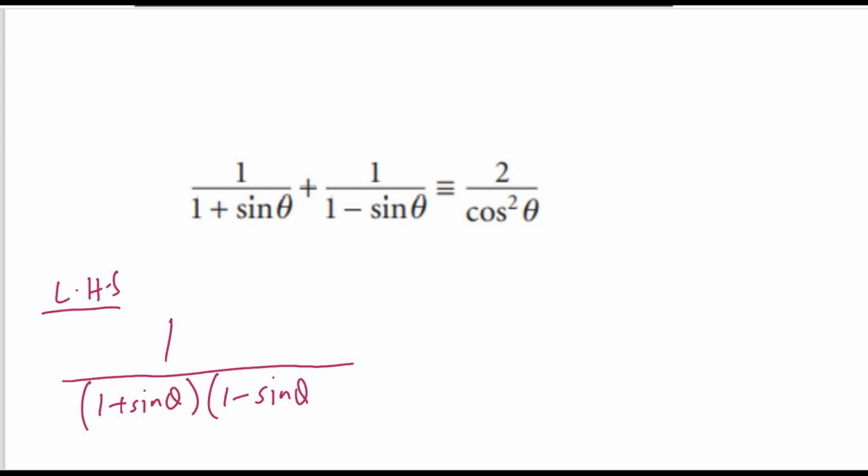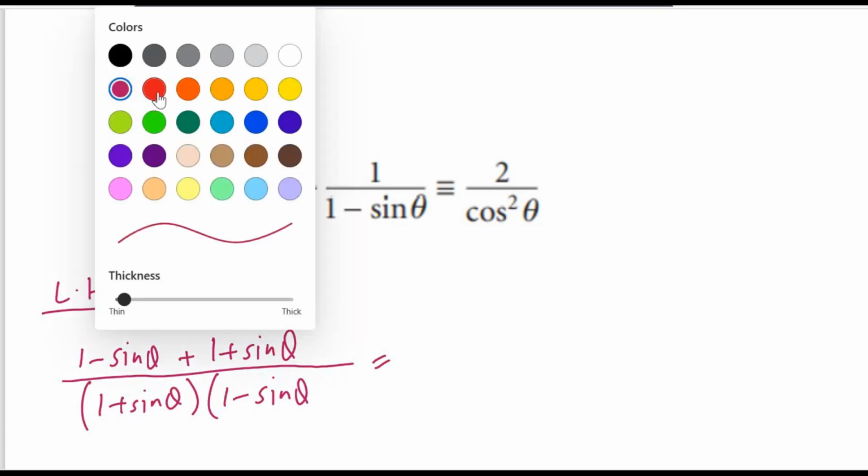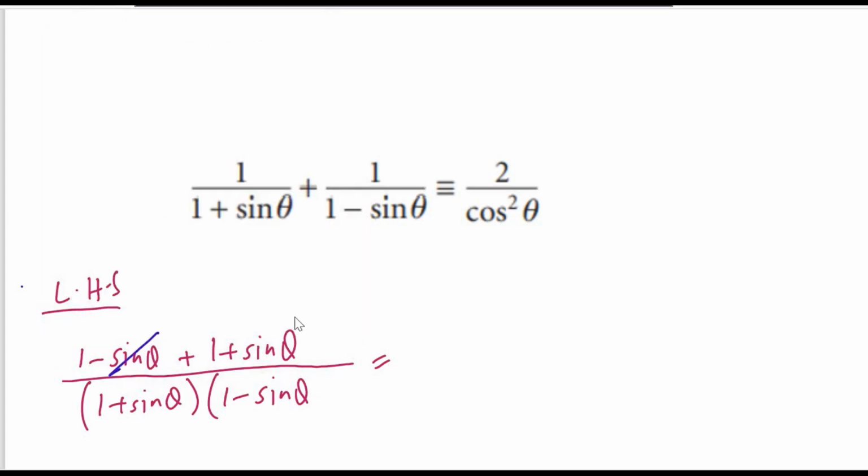And taking the LCM, this will be 1 minus sine theta plus 1 plus sine theta. Now here again we can cancel out the minus sine theta with the plus sine theta. So this will be 2 divided by.